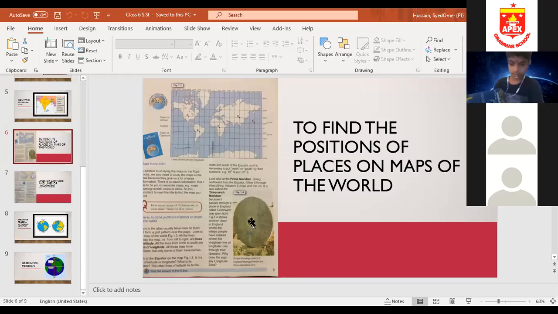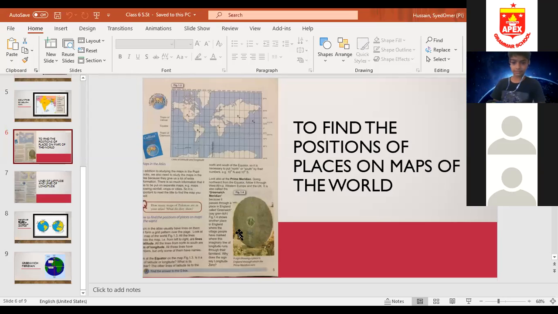Basically its name is prime meridian, but because it is running along a place of England called Greenwich, that is why it is also called Greenwich Meridian.